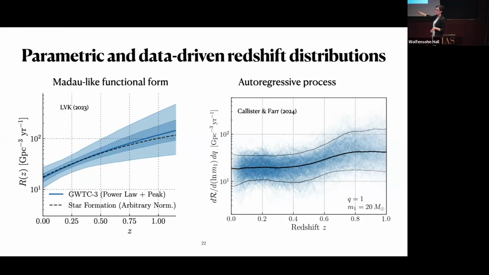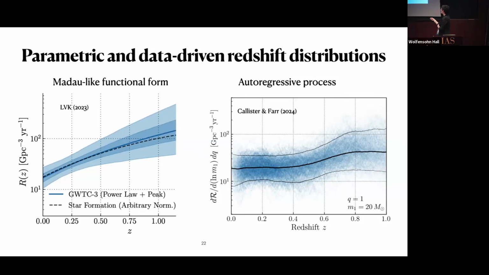Here, we don't have the sensitivity to see until redshift 2, so we're really just seeing the lower redshift behavior, up to around redshift 1, of the rate as a function of redshift. This is also compared to the shape of the star formation rate, which is in the dashed lines. Of course, there are more stars than stellar mass black holes that merge in our universe. Otherwise, we would break many laws of physics.